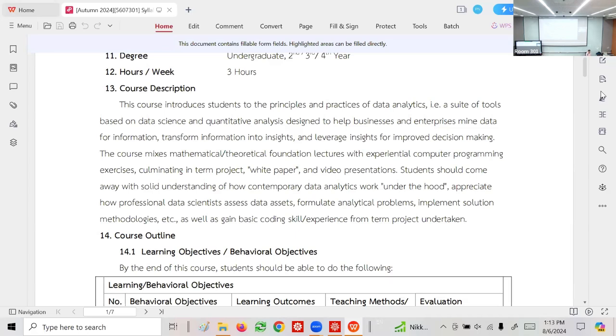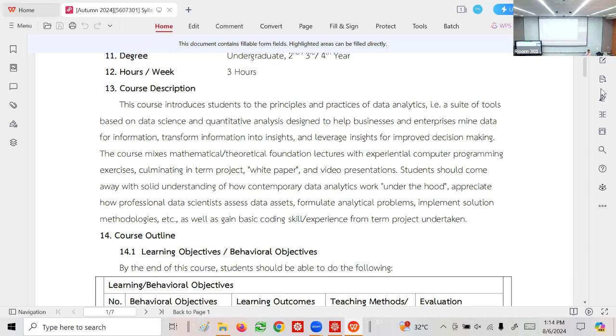The idea is you mine data for information, and then you transform information into insights, and based on that insight, you make better decisions. It's kind of like optimizing with better knowledge. So the more you know about the reality of your business or socio-economic situation or the problem you face, the better you can solve it.